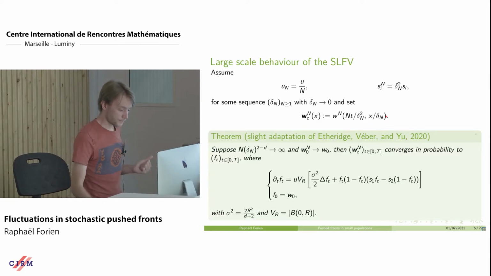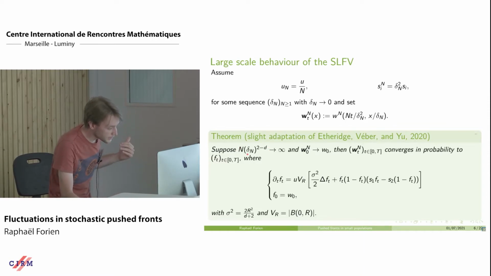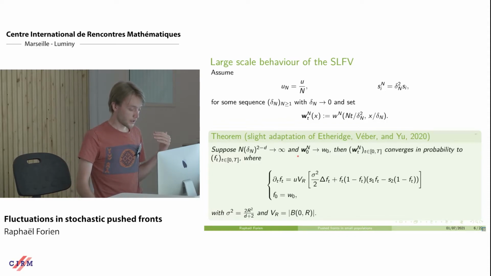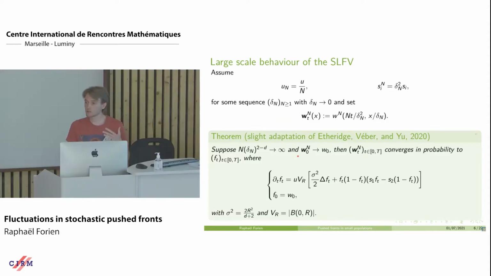From Etheridge, Weber, and Yu, 2020, you can see that if this quantity tends to infinity, then the stochastic process converges to a deterministic limit f_t, which is given as the solution of this PDE, where you see the effect of dispersal through a Laplacian, and the effect of selection through this reaction term.